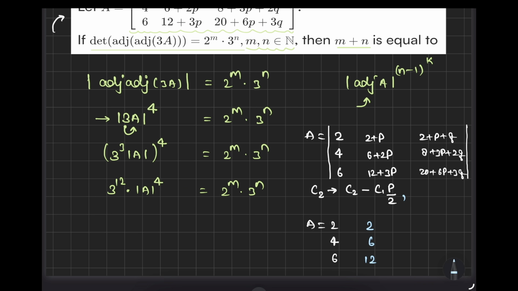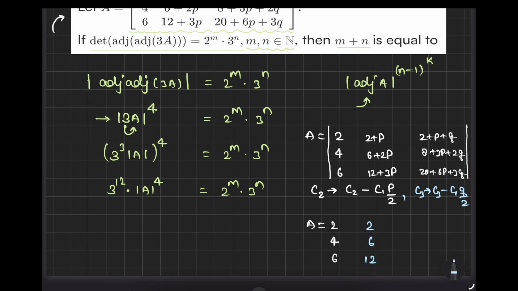Okay. So this is what we got as the second element. Now we will do the same thing with the next part. Look at this. Here we will eradicate q. Yes, q by 2. So C3 minus C1 times q by 2.